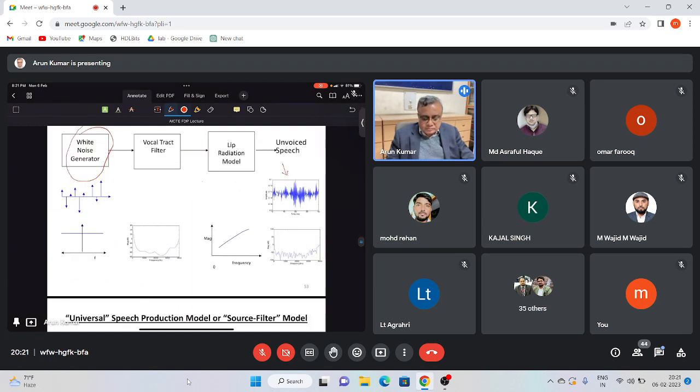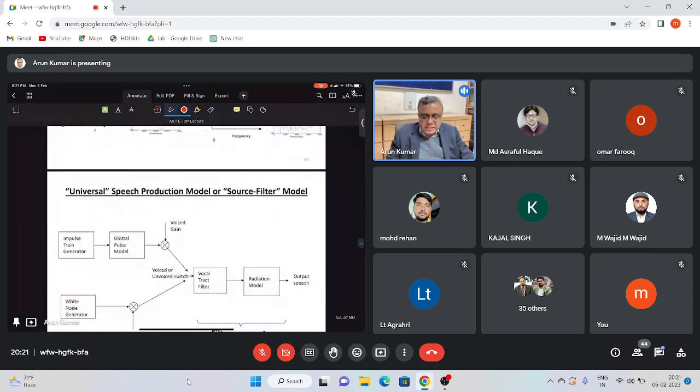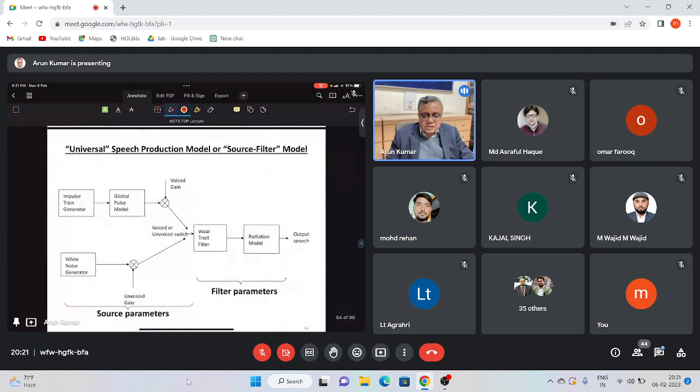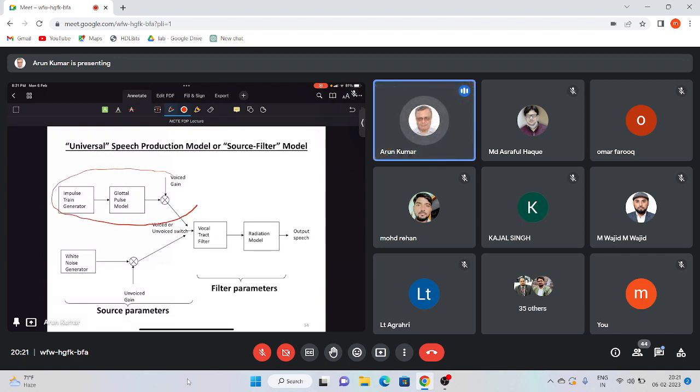So these two, that is the models for unvoiced and voiced speech, can be combined into what is known as the universal speech production model, or the source filter model for speech generation, which comprises an excitation signal, which is essentially the volume velocity signal into the vocal tract.